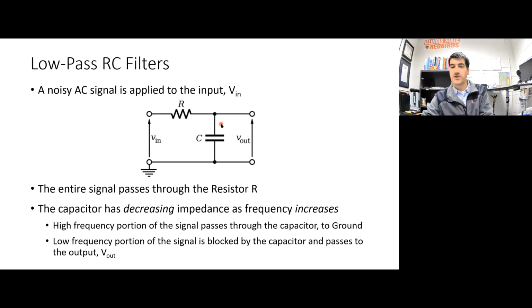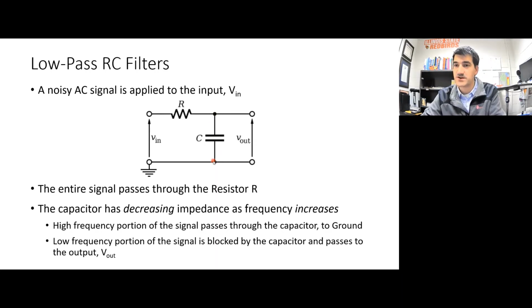Remember that the capacitor has decreasing impedance as the frequency increases. So its opposition to current flowing is lower for higher frequencies. So the high frequency components of the signal, after they've passed through the resistor, this basically acts like a short circuit.